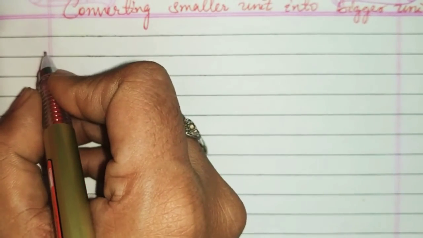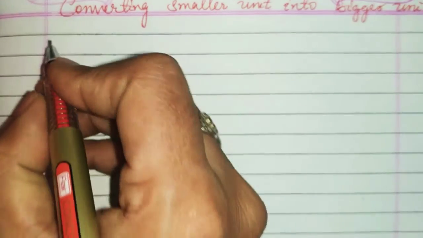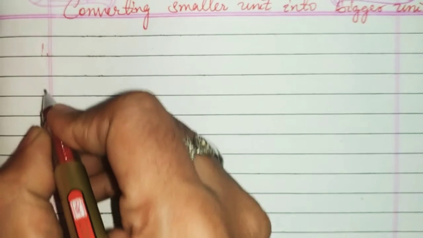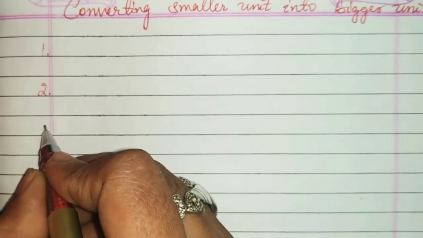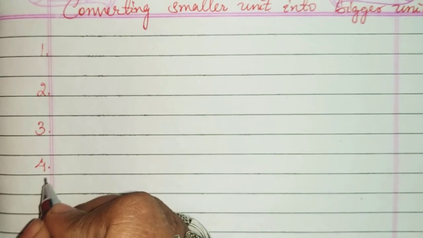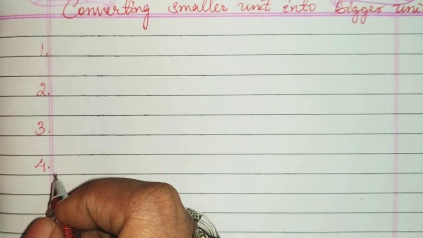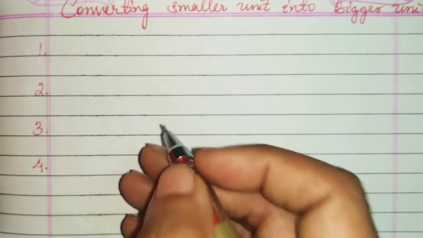As I have already told you in the previous class, converting 4 types of bigger unit into smaller unit. So today we are going to discuss all the 4 types of converting smaller units into bigger units. So the first one is converting centimeter into meter.